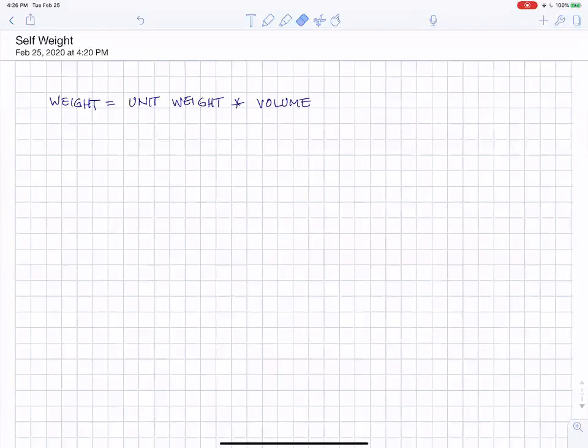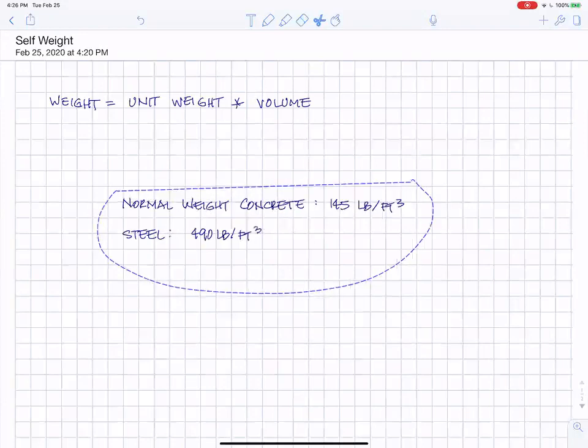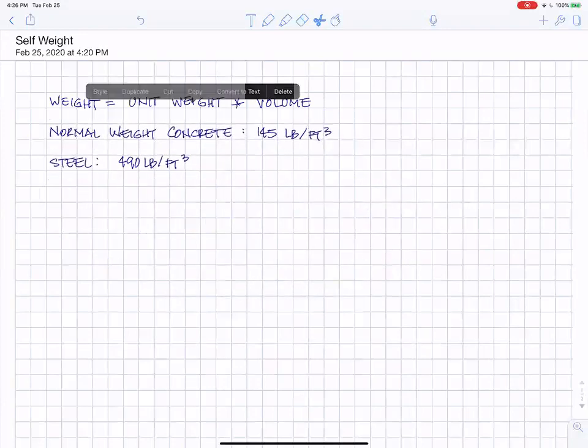You need to know the unit weight of structural materials. Normal weight concrete is about 145 pounds per cubic foot, and steel is 490 pounds per cubic foot. So for reinforced concrete, let's say a typical percentage of steel in a beam is 1%.